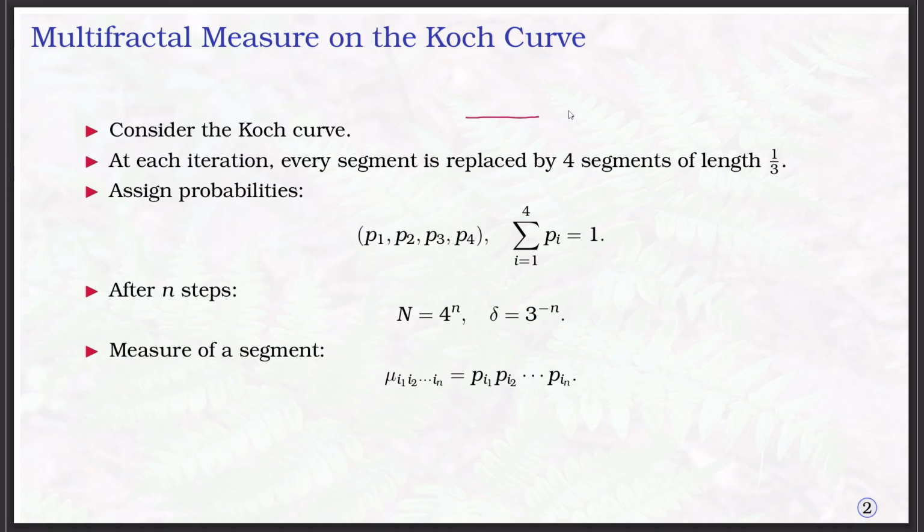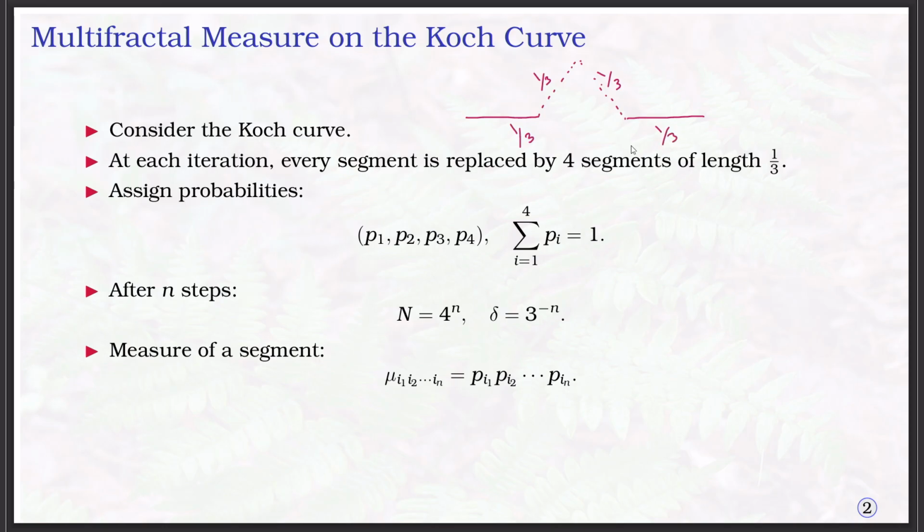As we know, after the first iteration we have 4 line segments, each of length 1 by 3.